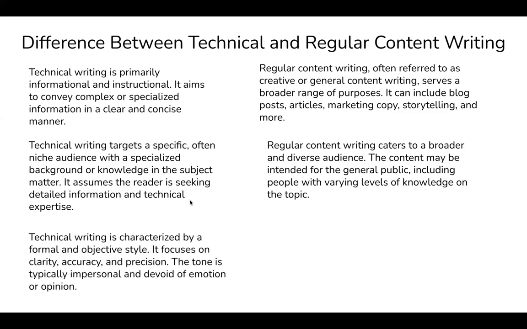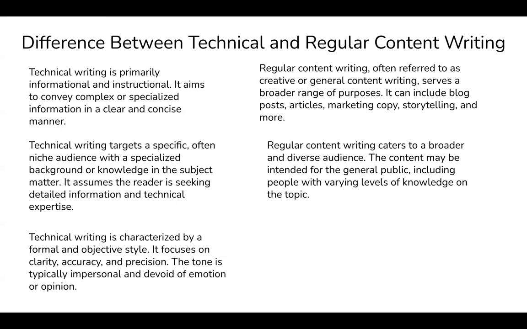All right. So technical writing is characterized by a formal and objective style, which focuses on clarity, accuracy, and precision. Clarity, accuracy, and precision means whatever you're writing about, it has to be correct, it has to be easy to understand, and it has to work the way it is expected to work, right?